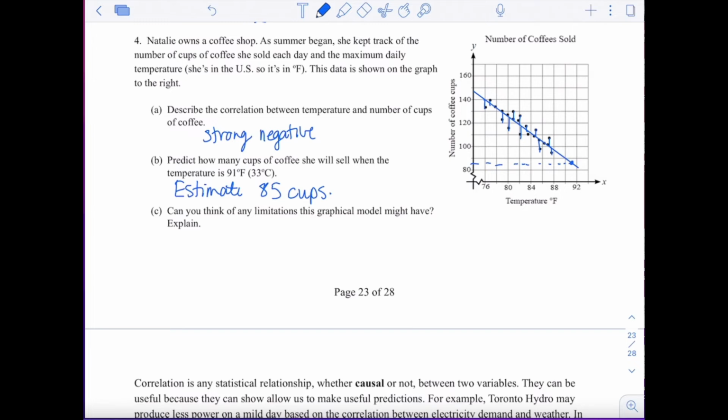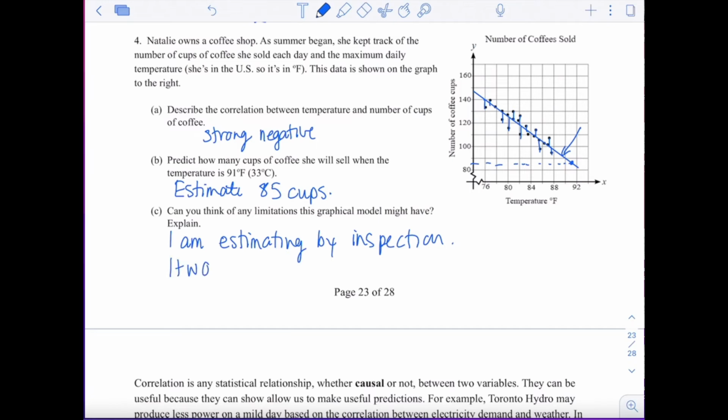Well, we just kind of saw it. Anytime I'm trying to predict how many cups of coffee, I'm looking at a graph and I'm trying to estimate the number of cups. So I think it would be a little bit better if we had an actual equation of a line that might be able to help us. So limitations are I am estimating by inspection, but wouldn't it be better if I had the equation of a line, this blue line, to be able to figure it out?